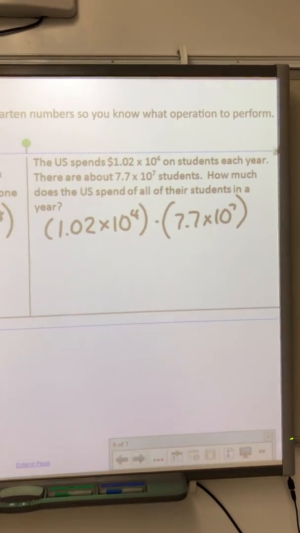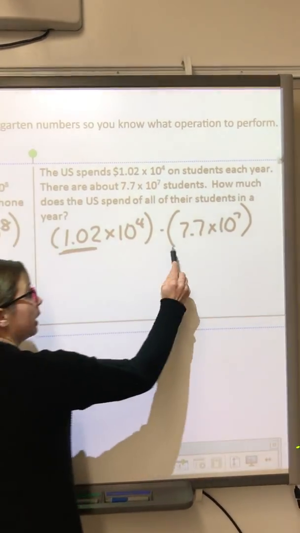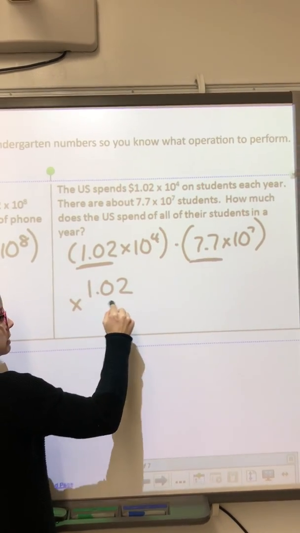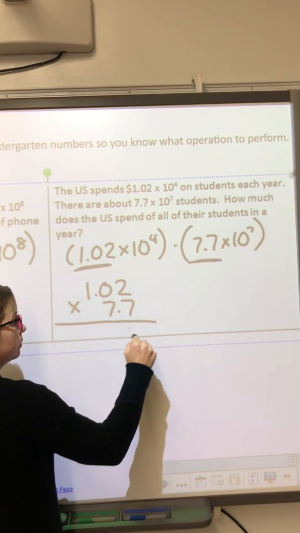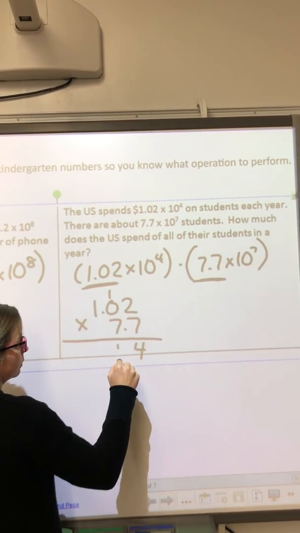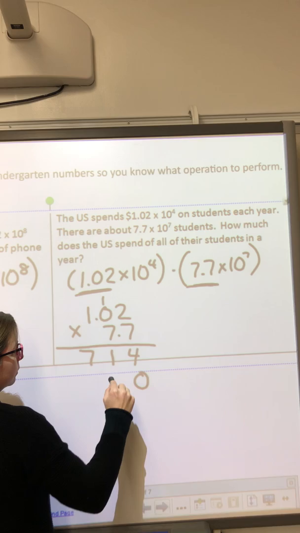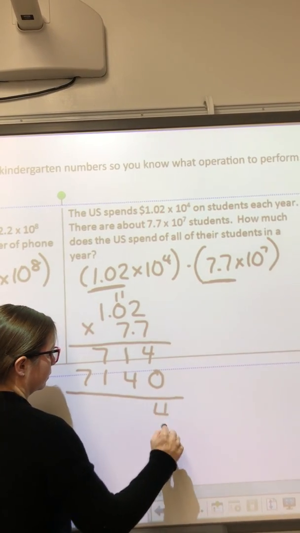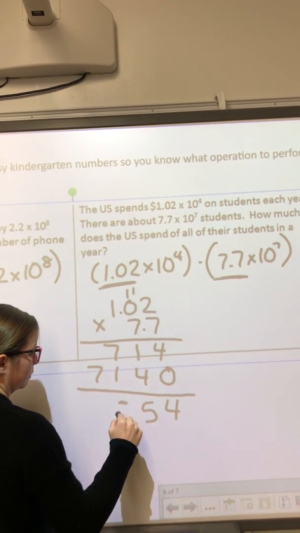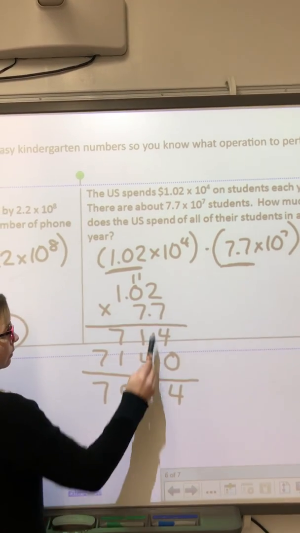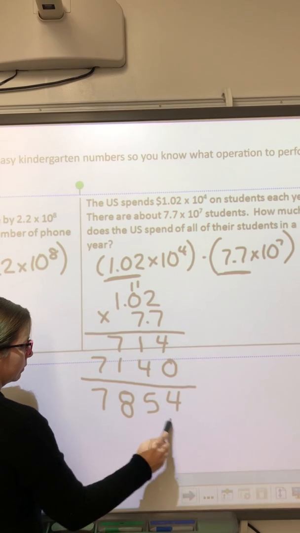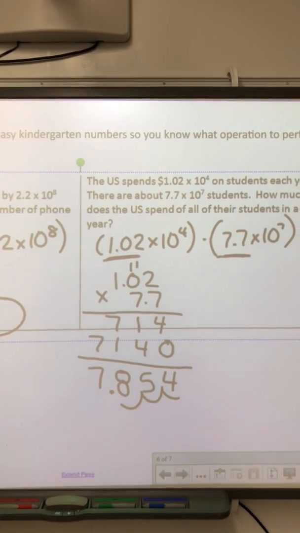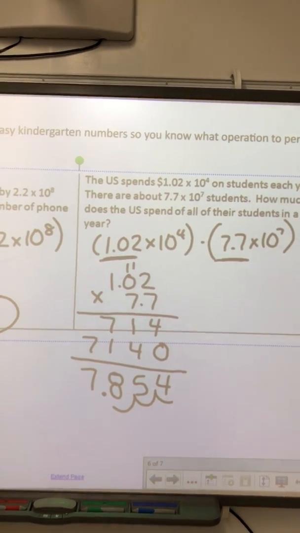Remember the rule: when you're multiplying, you multiply your bases first. 1.02 times 7.7. When I multiply, I get 7.854.